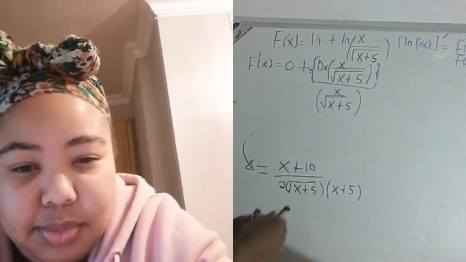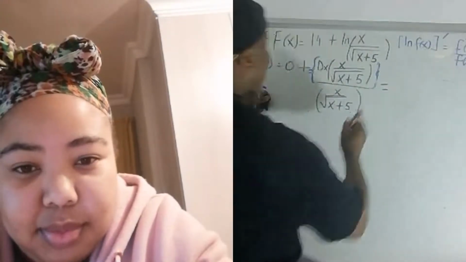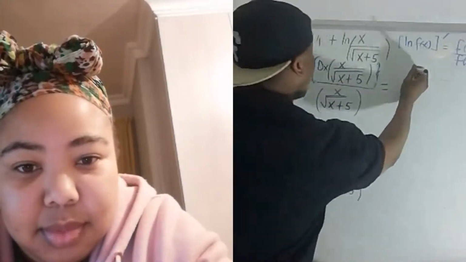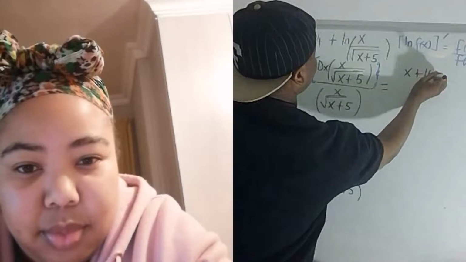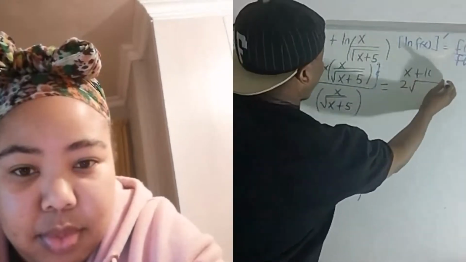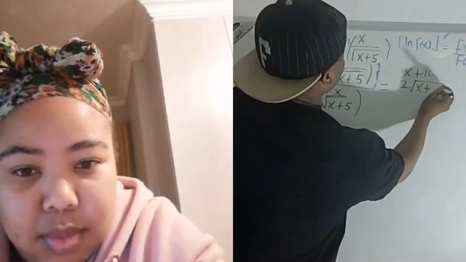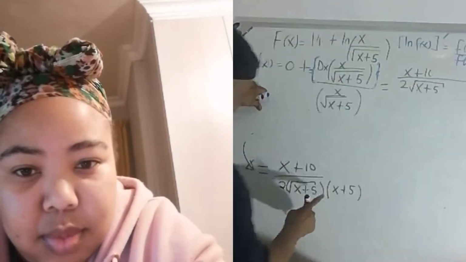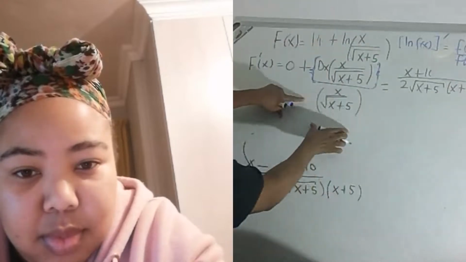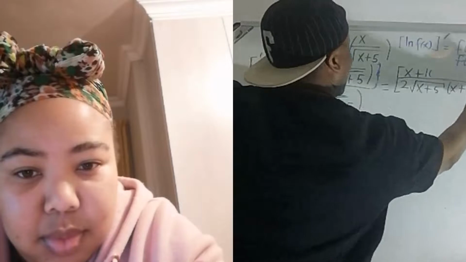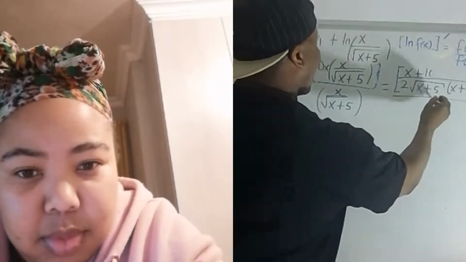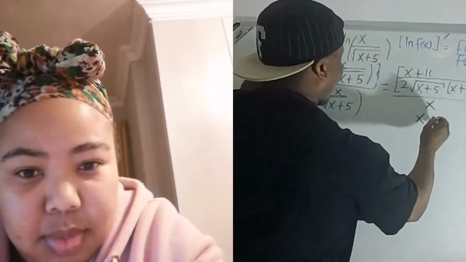All right, so instead of that, I have a normal answer, which is x plus 10 over 2 square root of x plus 5, with x plus 5 outside the bracket, but at the denominator I've got my x plus 5.